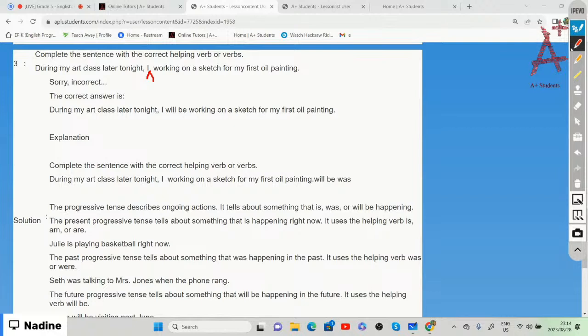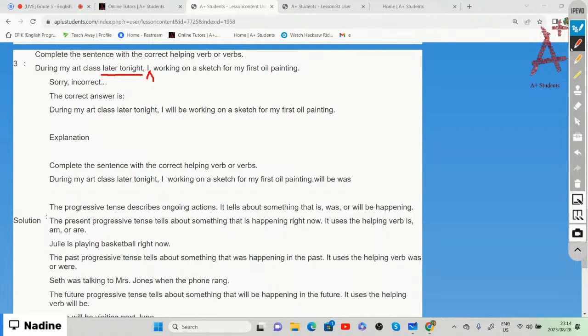If we look at the words later tonight, it means that it must still happen. Future progressive tense, it tells us something that will be happening in the future.